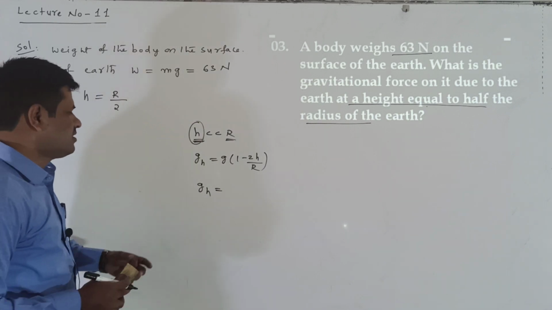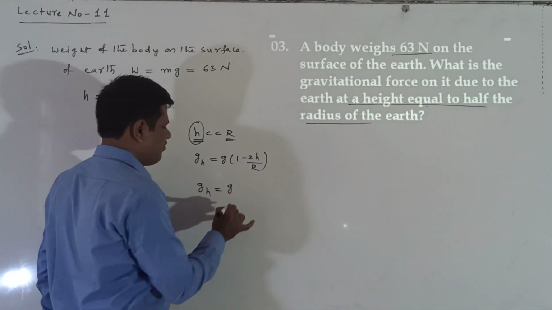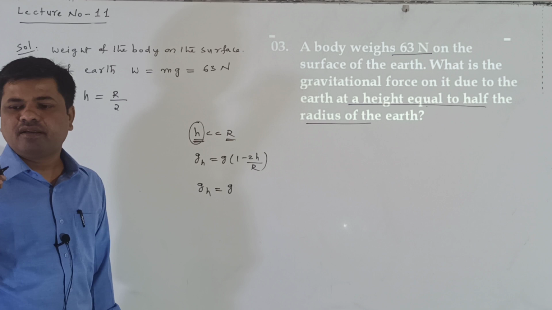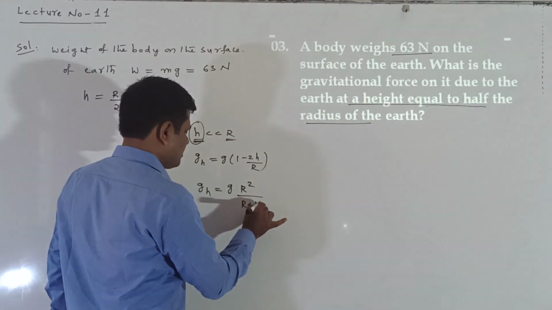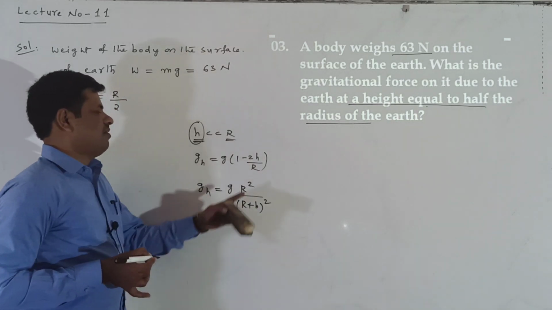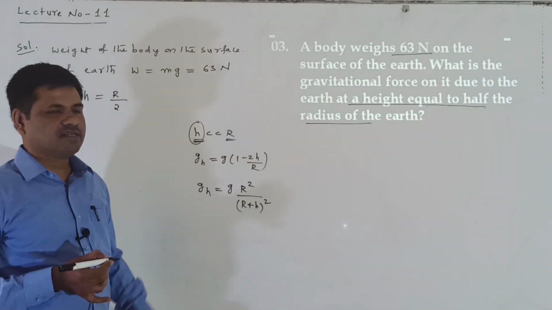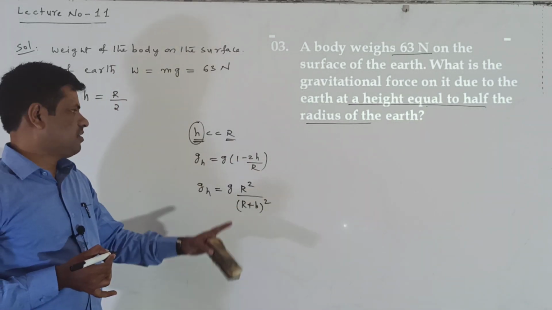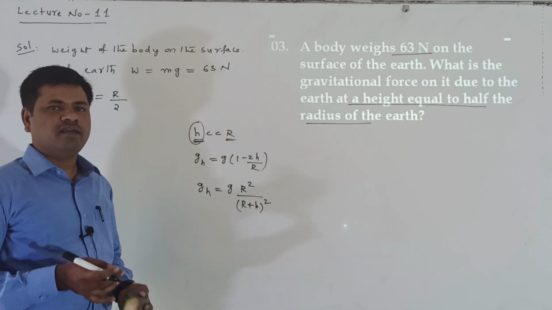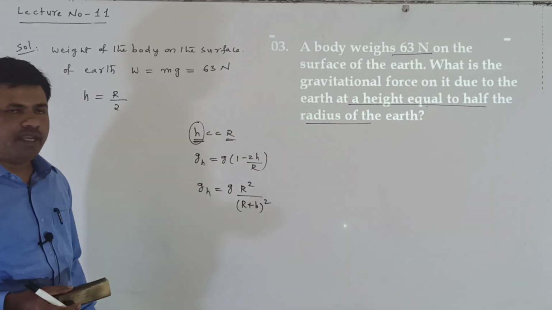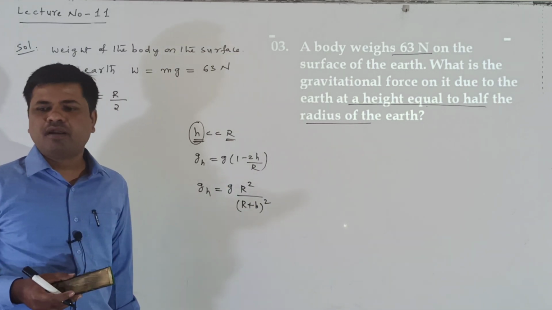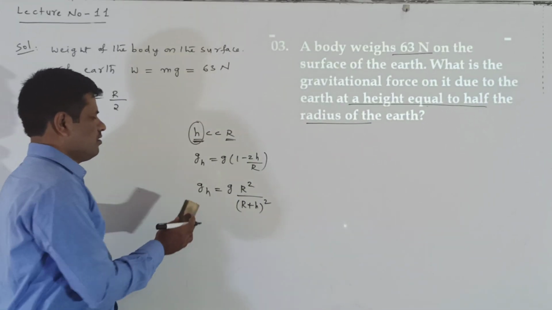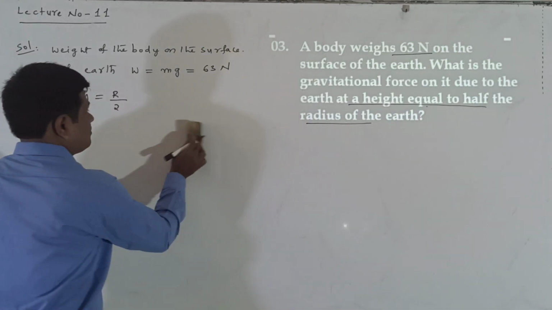That is the reason we use the formula for any height, g R square by (R + h) whole square. If we use the other formula, you get the answer 0. That's the reason we don't use it, because here the height is a large value. So we are using gh = g R² / (R + h)².